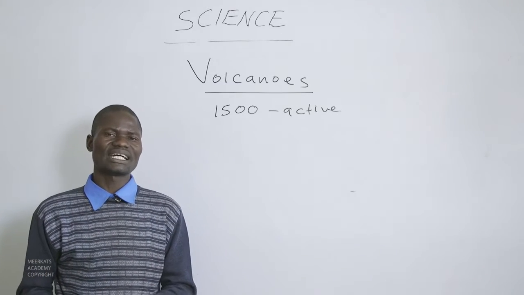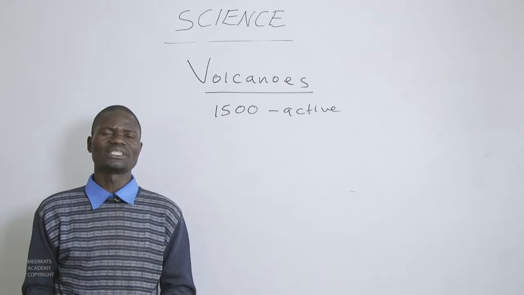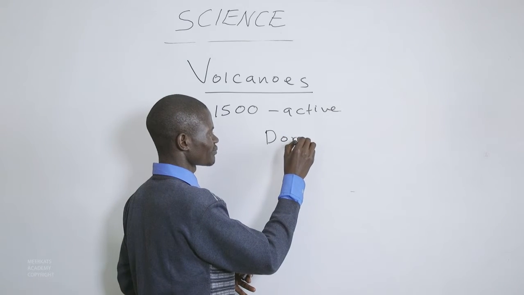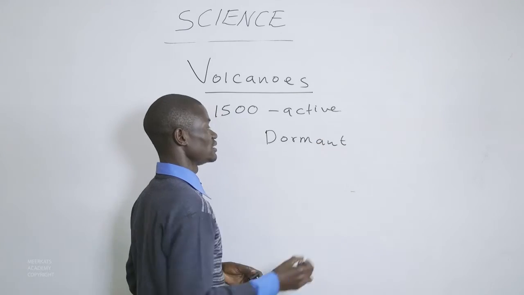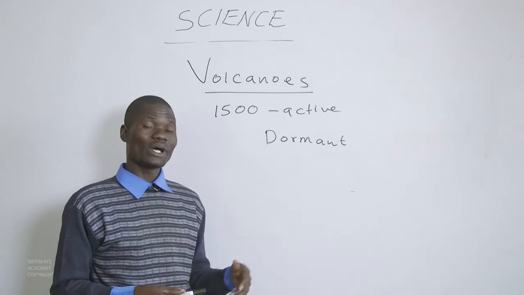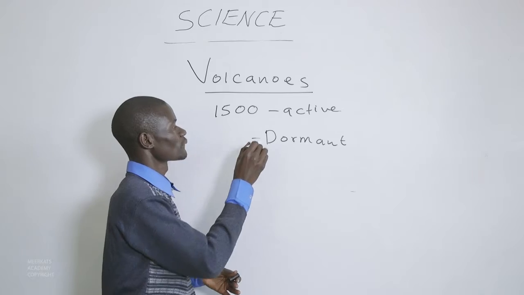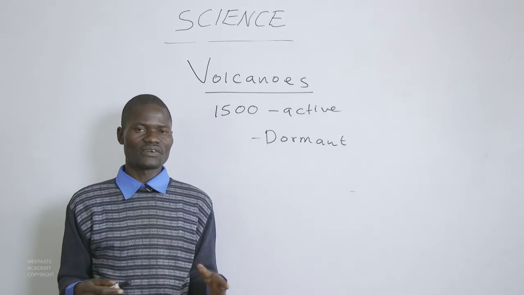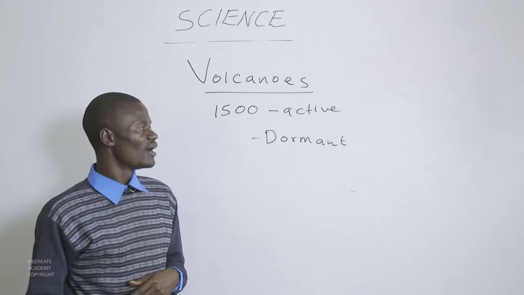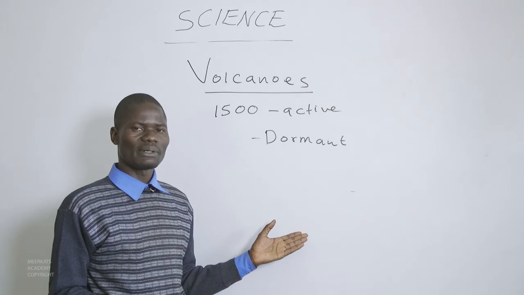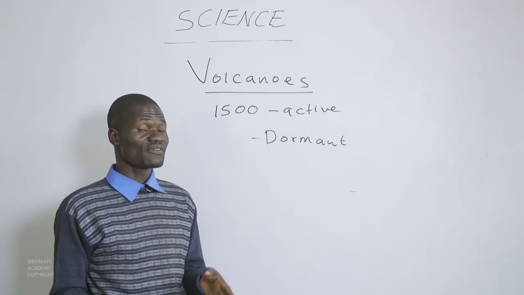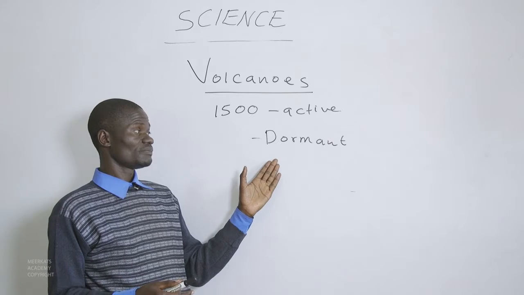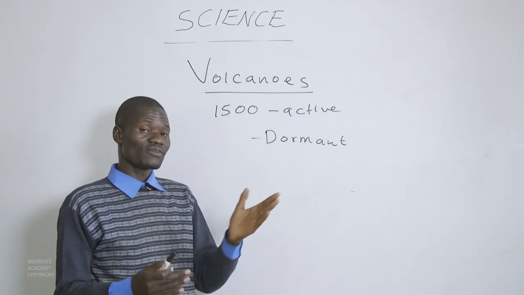But those that are regarded as dormant, or are getting extinct, some volcanoes become dormant. They become dormant when they last erupted around 50 years ago and do not show signs of eruption in the near future, although they erupted, they have just been dormant up to now, around 50 years.